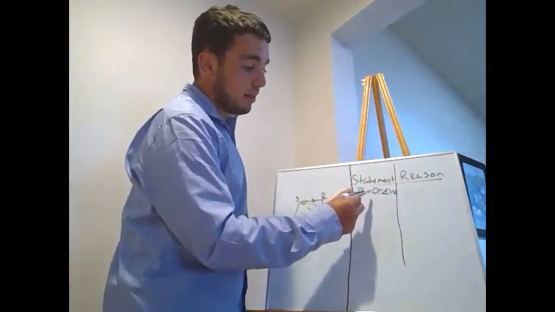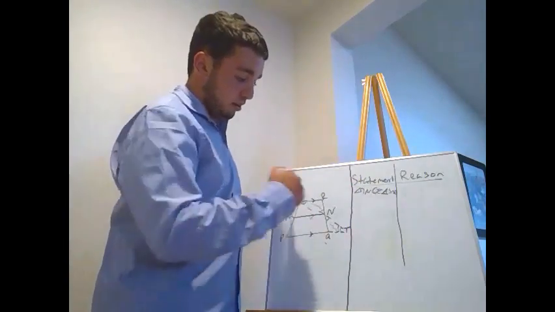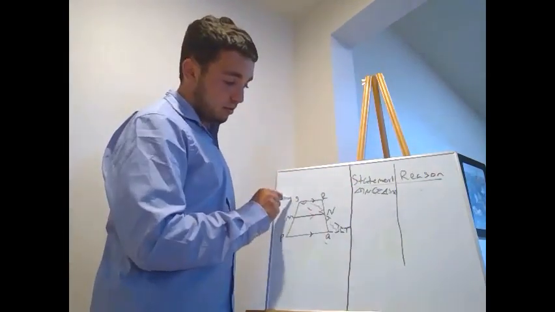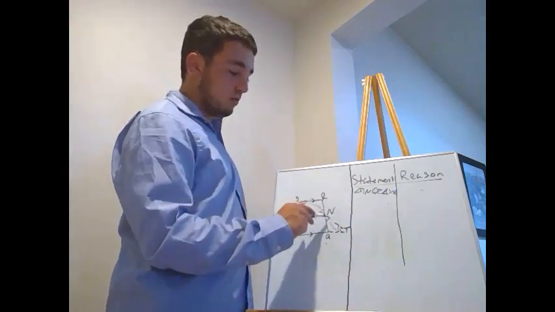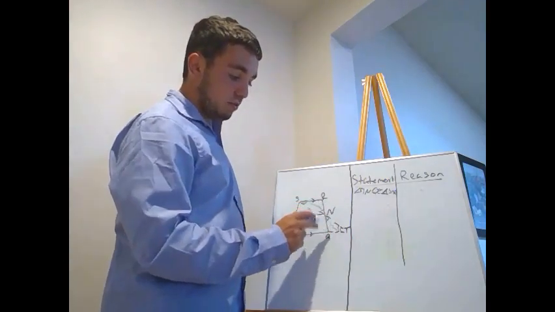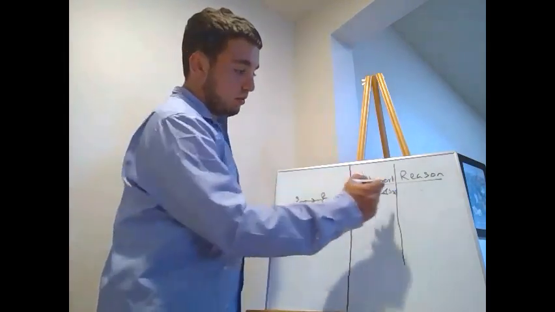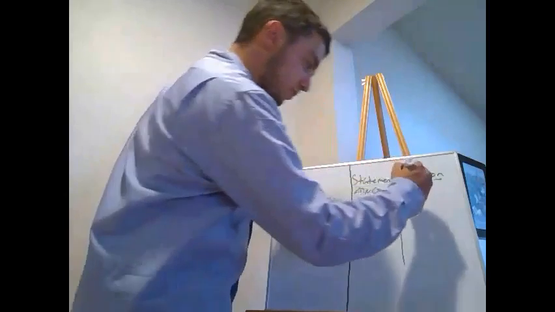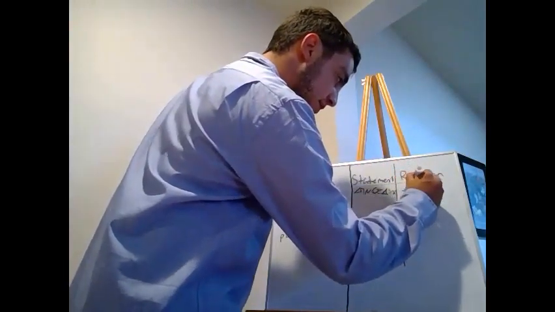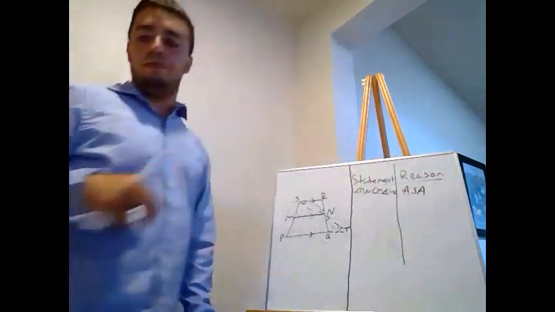I wrote T and Q, and in our congruence here, S corresponds to T, N corresponds to itself, and Q corresponds to R. So that order is very important. And our reason for that, as I just said, is ASA.